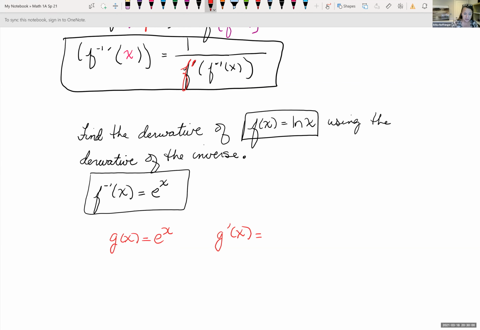Well, we know the derivative of g of x is equal to e to the x. The inverse, though, of this g of x is the natural log of x.